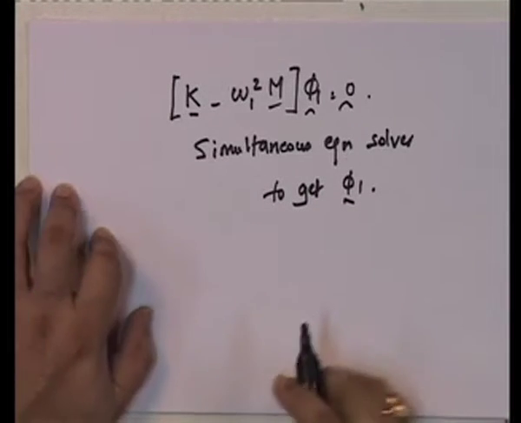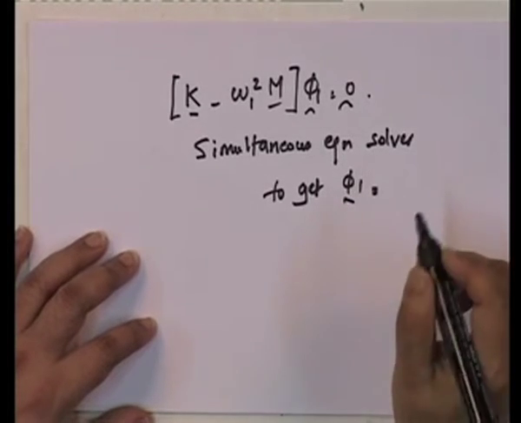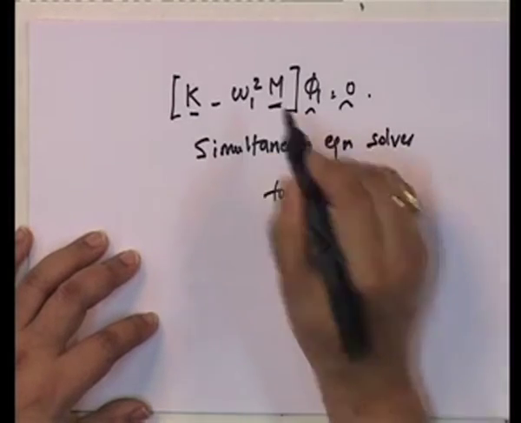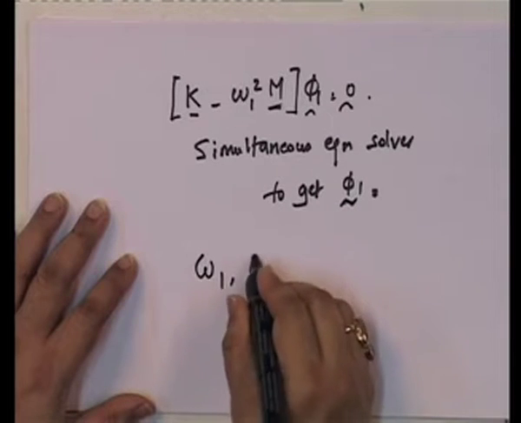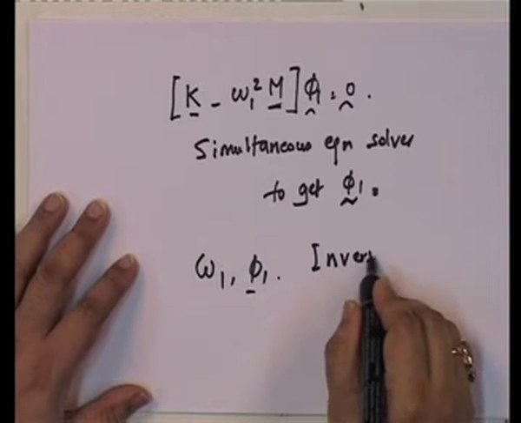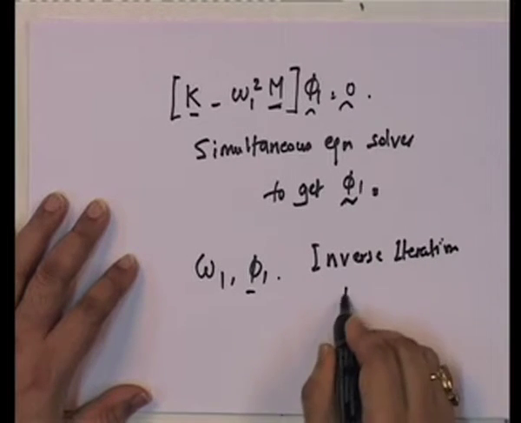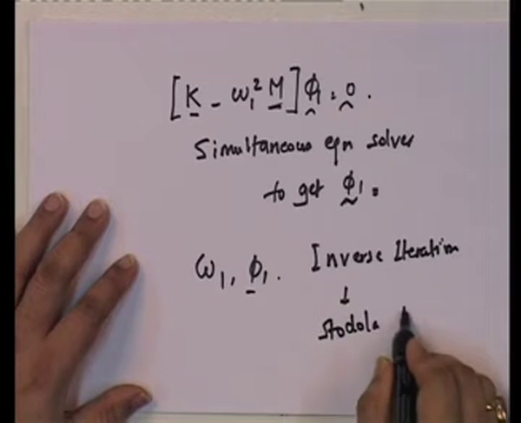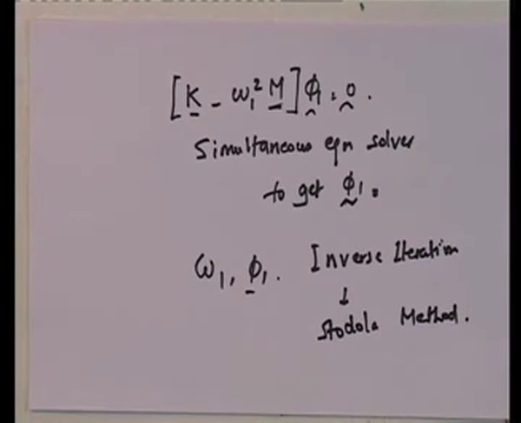Okay? There is no question about that. So, now the question then becomes, so this is not an issue at all. Okay? So, we found out omega 1 and phi 1 using the inverse iteration or the Stodola method. I hope you understood what the method is.